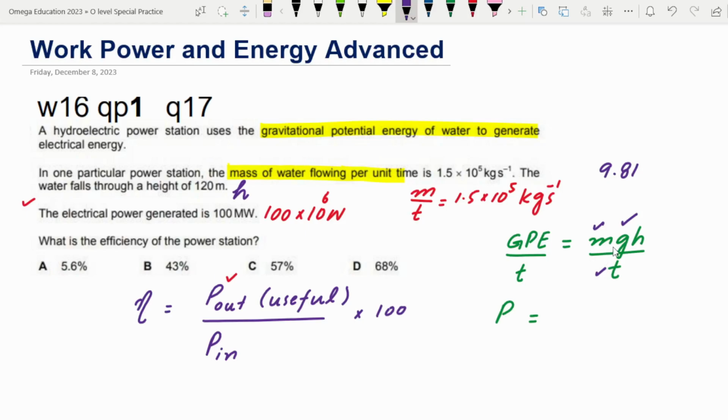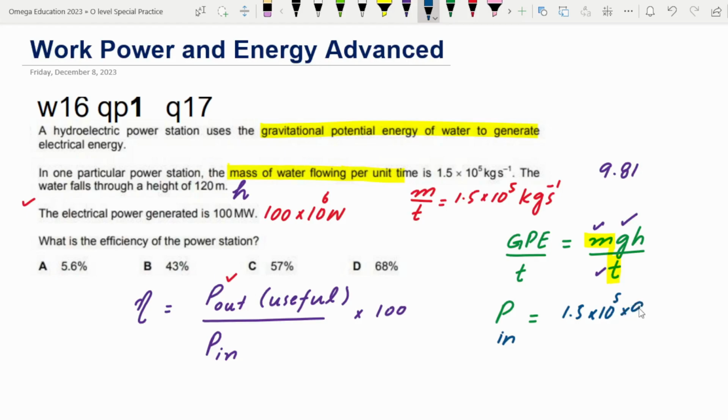We don't have the individual values for mass and time. We have the collective value, m over t. So instead of m over t, I'm going to write 1.5 × 10^5. This is a collective value for m over t, which is called mass flow rate, or mass flowing per unit time.